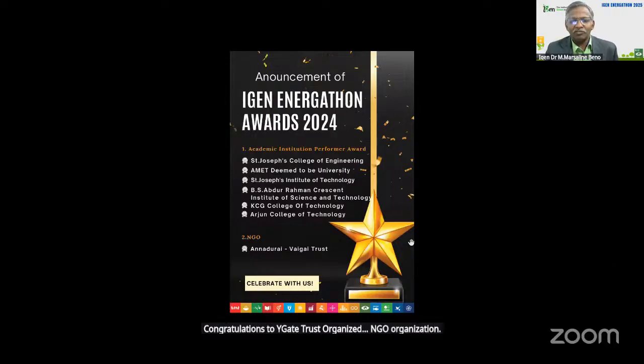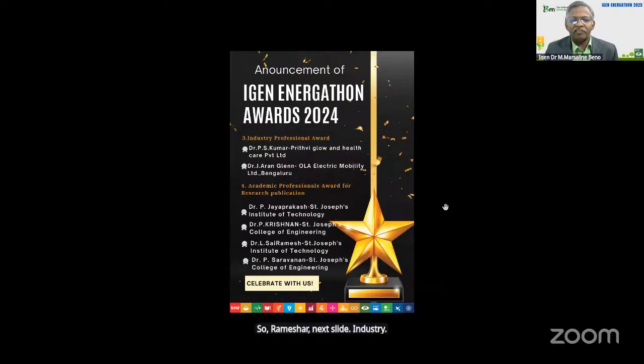Now, a very important and awaited award category, the third one, the Industry Professional Award. Ramesh sir, next slide. This award is for innovation and leadership in clean and sustainable processes in industry.